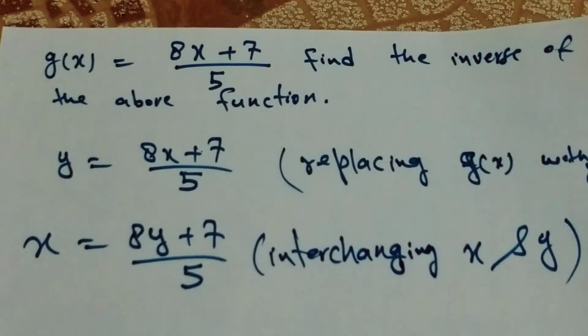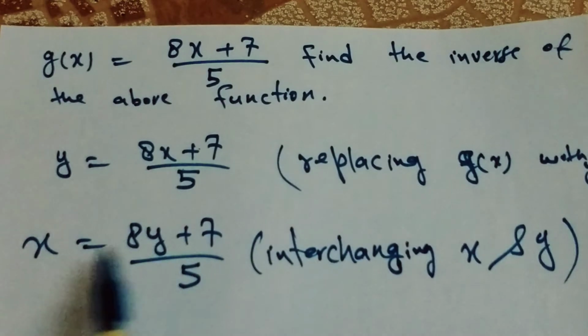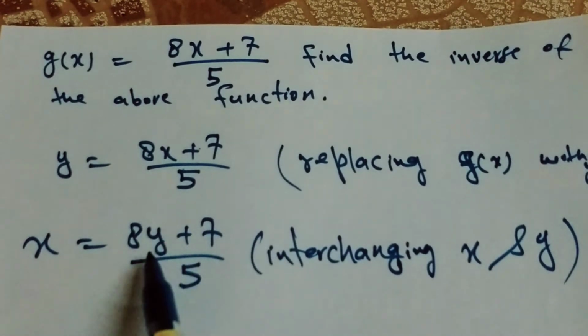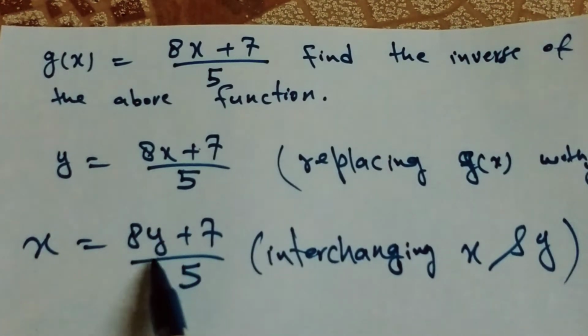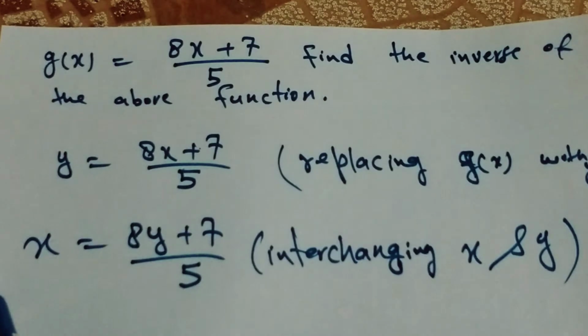This is the first step. I mean the second step. Third step. Now in third step we will rearrange it and we will make the subject of the formula y. So for making the subject of formula y, whatever is beside y we will take to the other side.